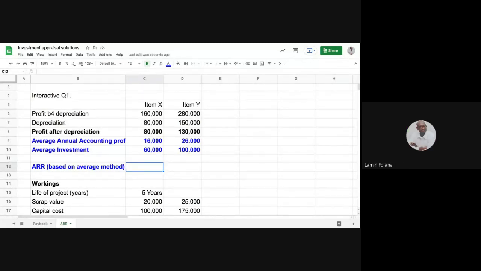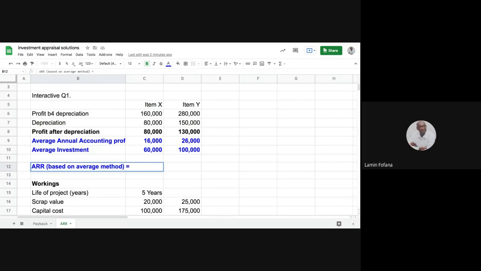We want to calculate the last one, which is the ARR. We've got our average annual accounting profit. We've got our average investment. And we all agreed that it is the accounting rate of return based on the average method. I think it would be the average annual accounting profit divided by the average investment.